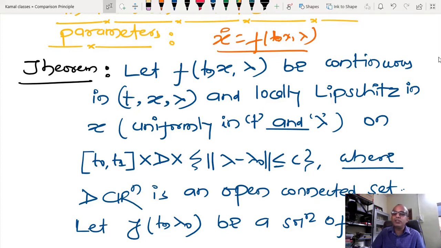It means that whatever Lipschitz constant comes into the picture is independent of t and lambda. So for all t and lambda, that Lipschitz condition is satisfied.